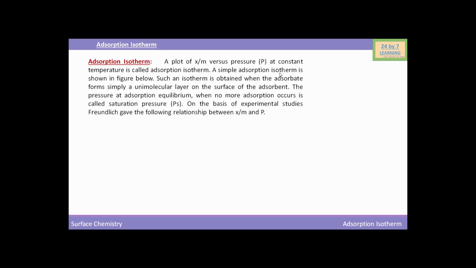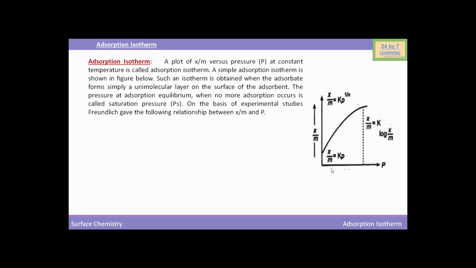A simple adsorption isotherm is shown in a figure. This is the adsorption isotherm. So x by m is plotted on the y-axis and pressure is plotted on the x-axis. Such an isotherm is obtained when the adsorbate forms simply a unimolecular layer on the surface of the adsorbent.